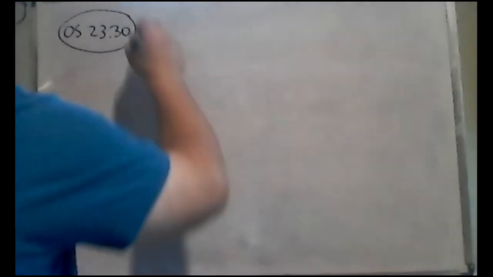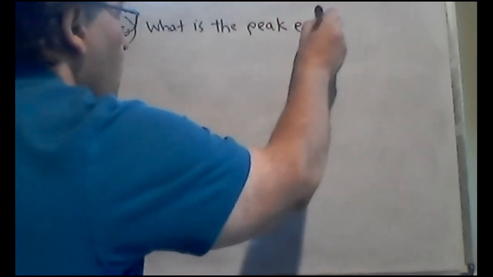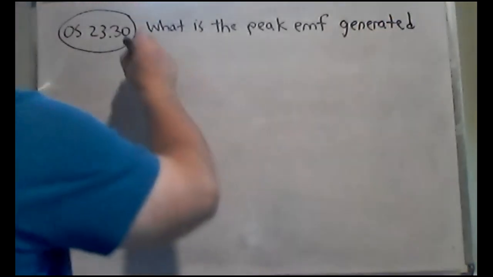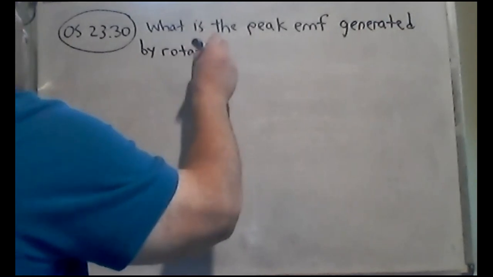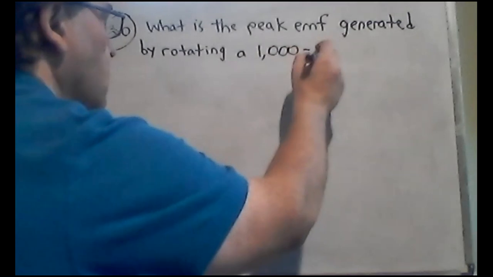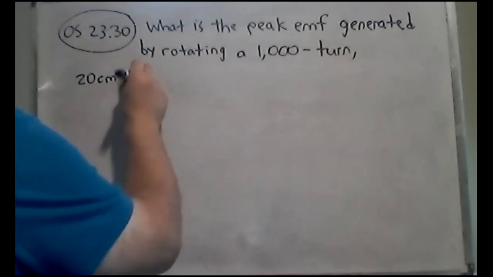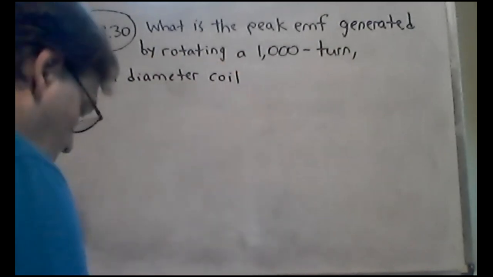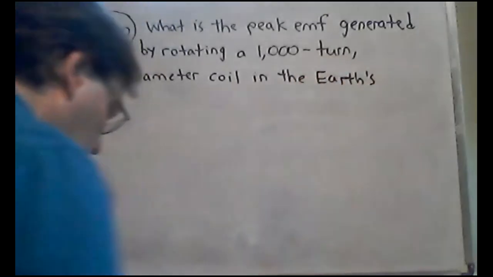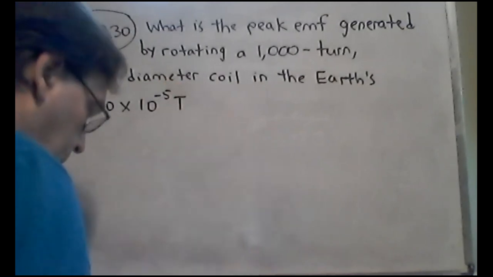That says, what is the peak EMF generated by rotating a 1,000 turn, 20 centimeter diameter coil in the Earth's 5.00 times 10 to the negative 5 Tesla magnetic field.